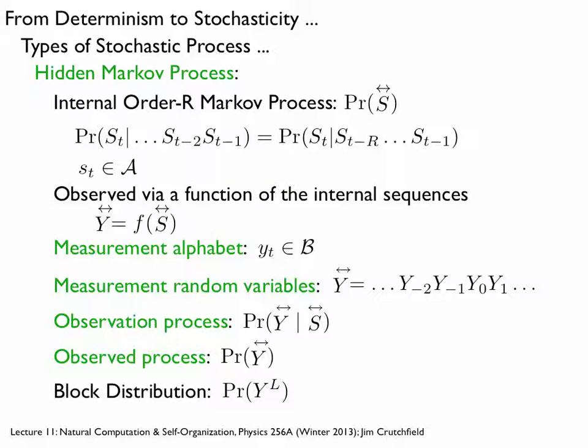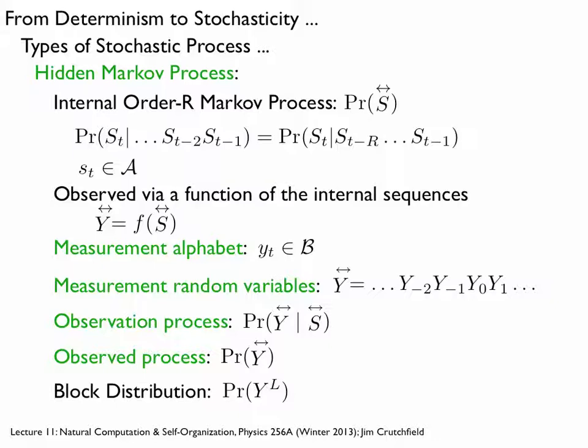So what I'm going to assume in this case is an order R Markov process, just length R temporal dependence, and this is going to be observed through some instrument, which I denote F here. There's some mapping from the bi-infinite hidden sequence to an observed sequence Y. There'll be a different alphabet now. We have to call that B.